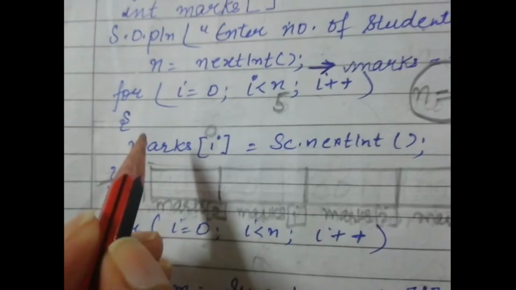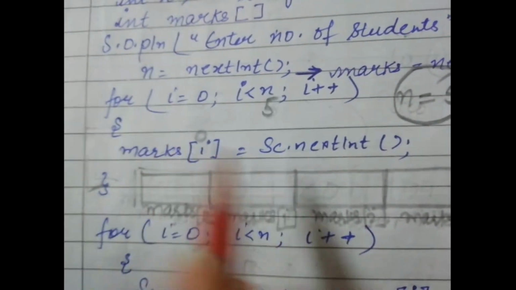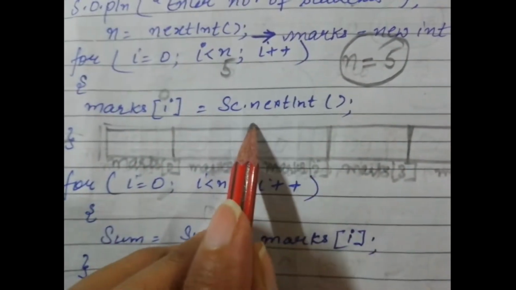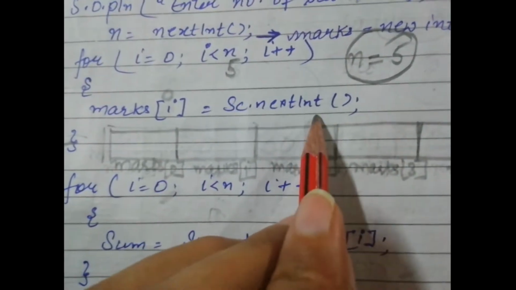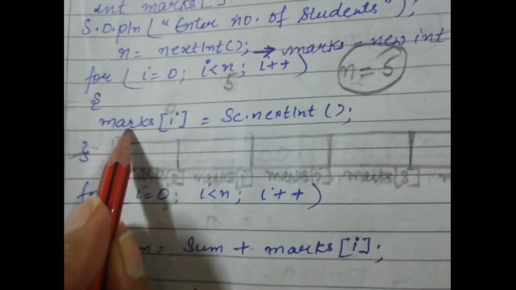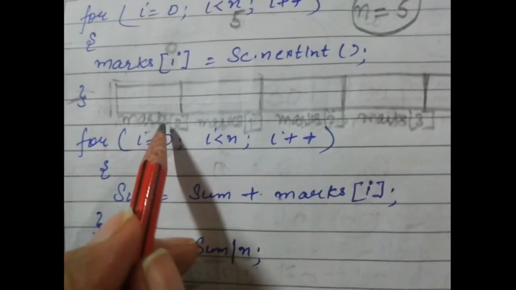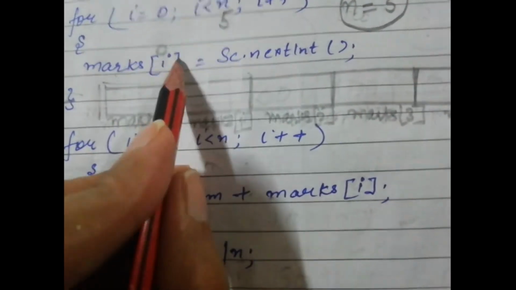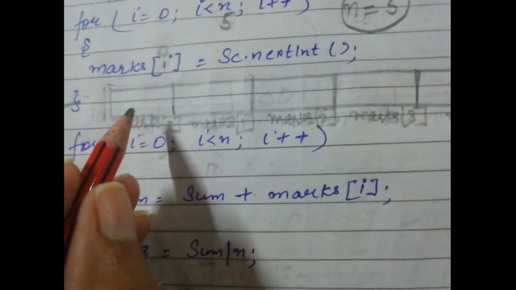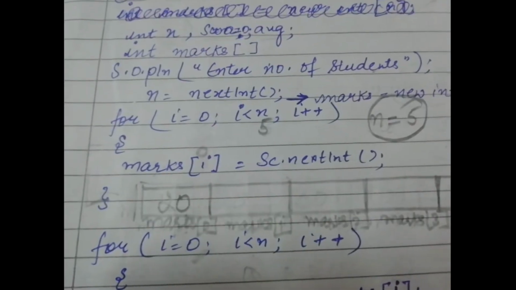So now it becomes marks[0]. That means whatever value the user enters here, it will directly go to the marks 0 cell of your marks array. Suppose user has entered 20 marks.